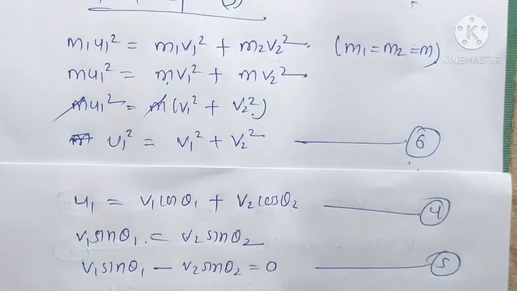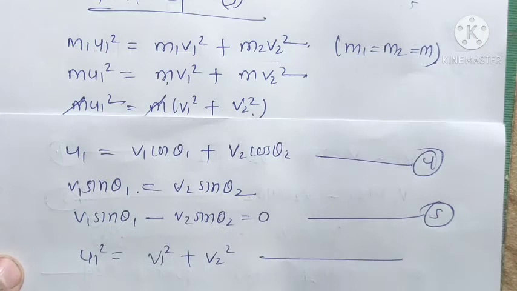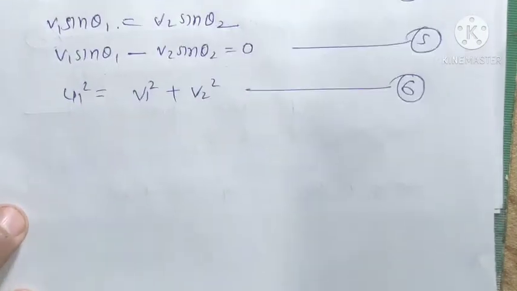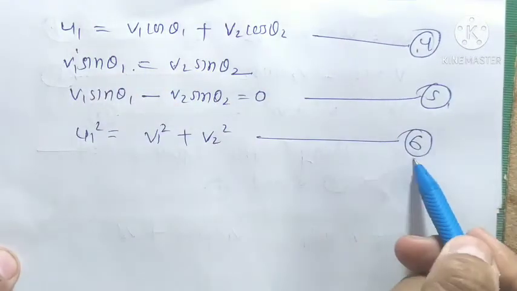Equation number 6 is u1 square = v1 square + v2 square. After that we have 3 equations, 4, 5 and 6.